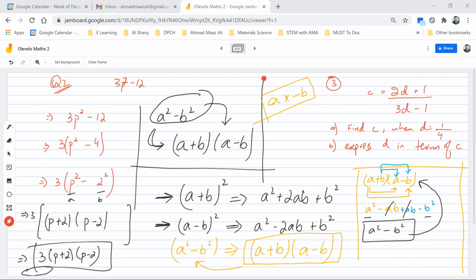Come on, guys, be quick, please. Okay, who is sending in the chat box? Shazib, it's better if you send a picture so that I can see you're working as well. If you send the answers in the chat box, I cannot see what you have done, how you have received the answer.